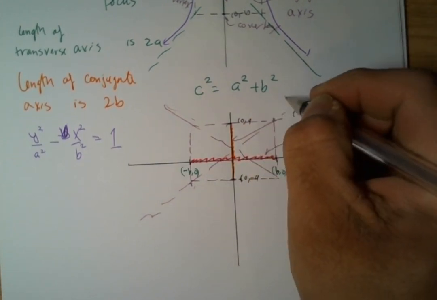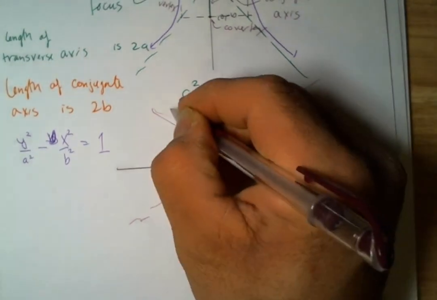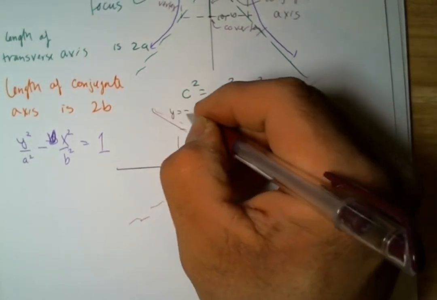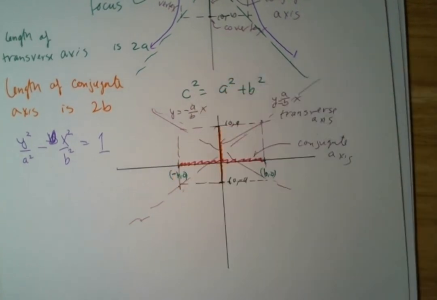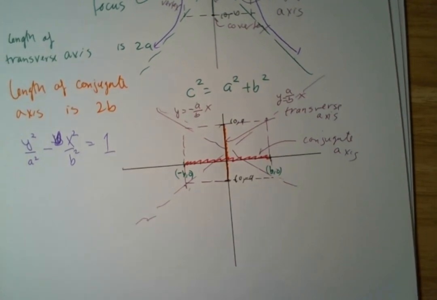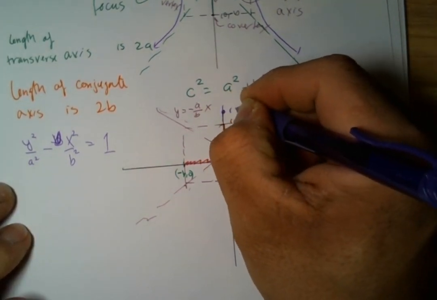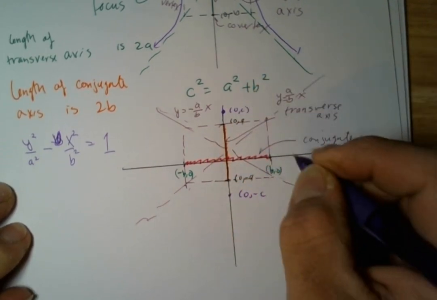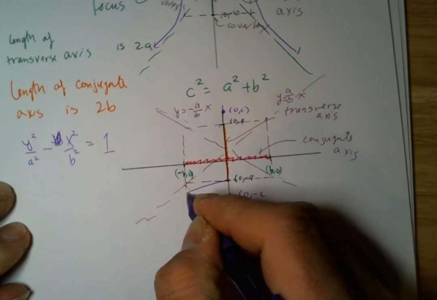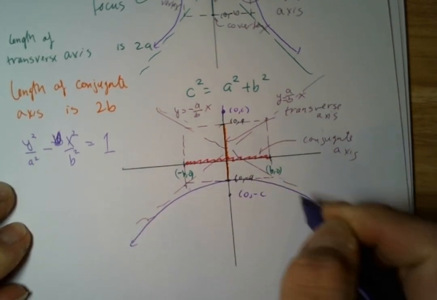So here the change in y would be a, change in x would be b, and then this would be negative a over b x. Those would be the equations of my asymptotes, and my foci, one focus would be here, and my other focus would be here. And now we have our hyperbola here that opens along the vertical.